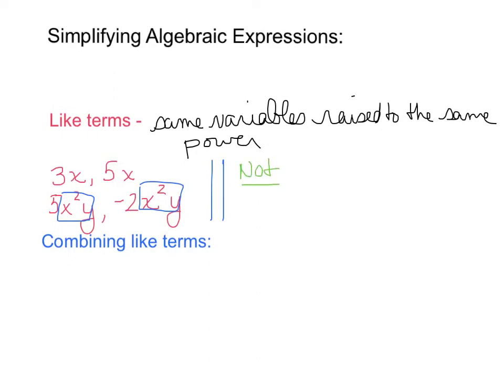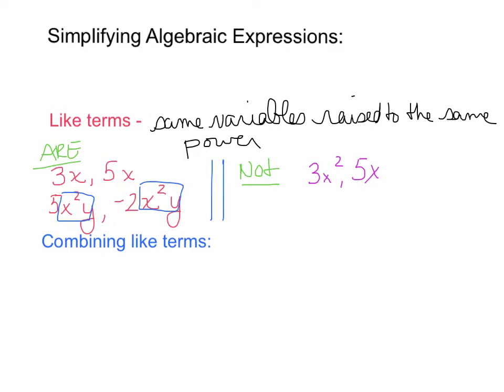Now, what are not like terms? So these are like terms. What are not like terms are things such as 3x squared and 5x. Because here, even though the variable is x in both, I have x squared and I only have x. So these would not be like terms.